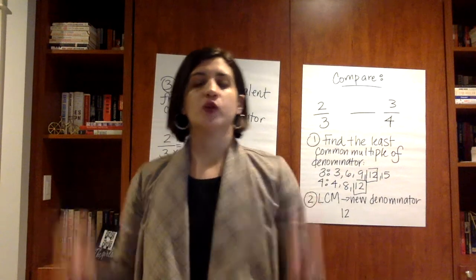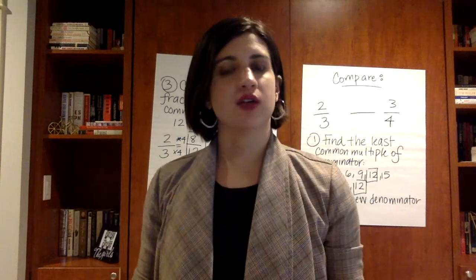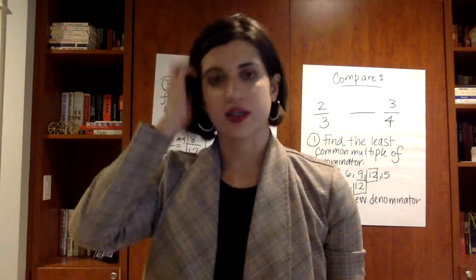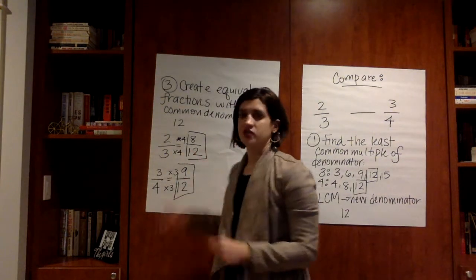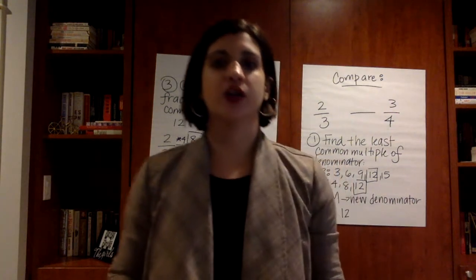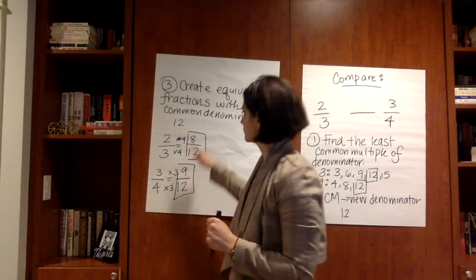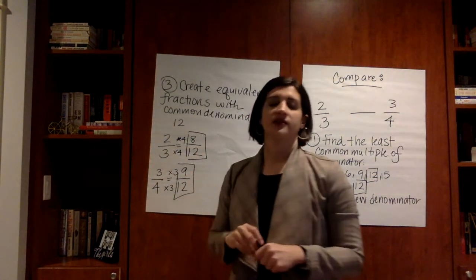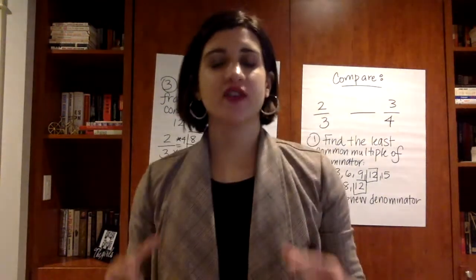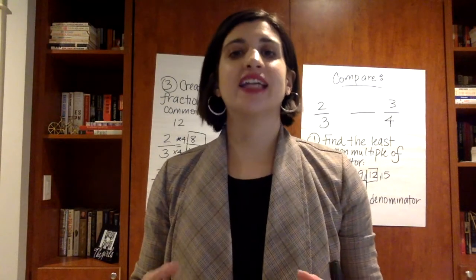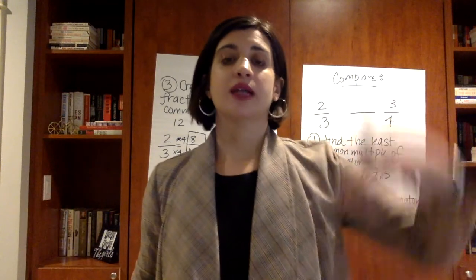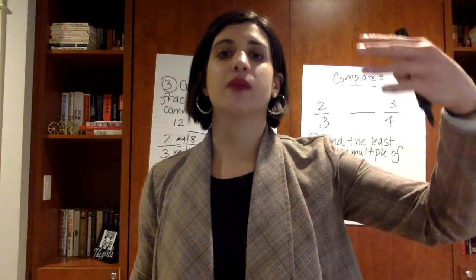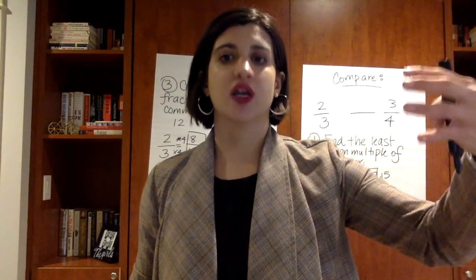Think about it: if you buy delicious Girl Scout cookies from your friends who are Girl Scouts, and each box has 12 cookies, which is your total or your denominator, and you eat 8 out of the 12, and your friend eats 9 of the 12, your friend ate more. Therefore, when my denominators are the same, the bigger numerator is the bigger fraction.